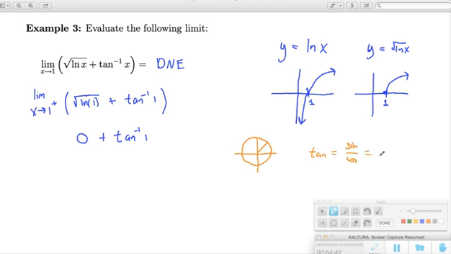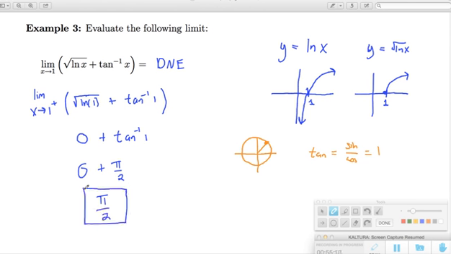Well, the only way that's going to be equal to 1 is if sine is equal to cosine. And that, again, on this criteria, actually only happens at pi over 4. So because of that, arctan of 1 is actually equal to pi over 4. So this expression becomes 0 plus pi over 4, which of course is just pi over 4.